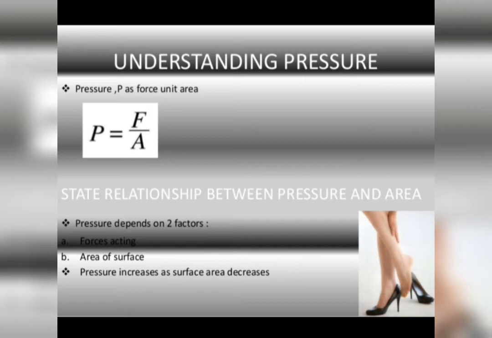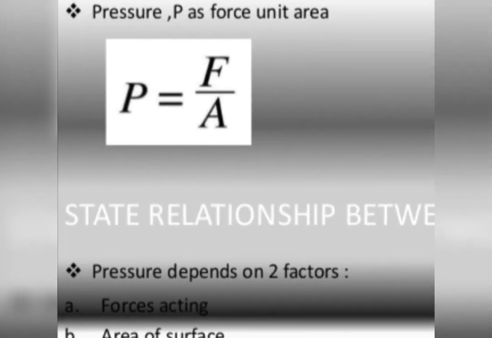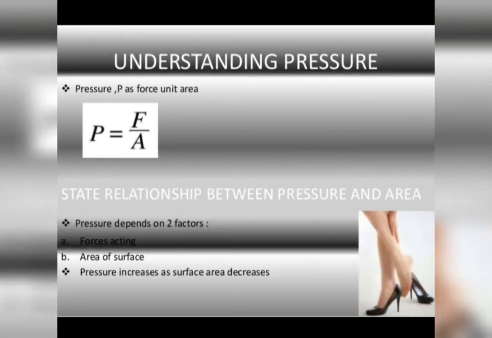So it's clearly shown here that pressure depends on two factors: the force applied and the area over which the force acts. So the same force can produce different pressures depending on the area over which it acts.